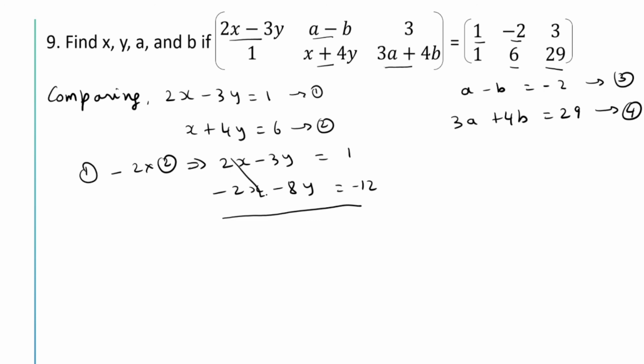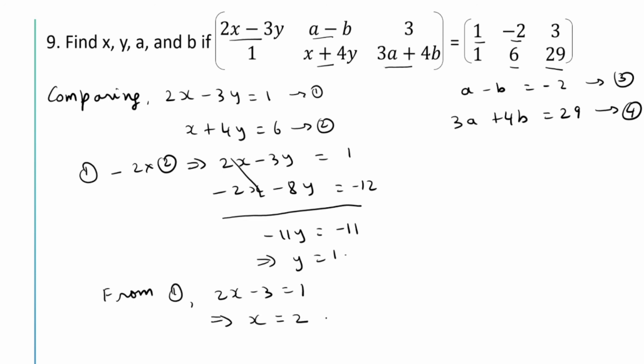So here we get minus 11y is equal to minus 11, or y is equal to 1. So substituting y is equal to 1 in the first equation, we get 2x minus 3 is equal to 1, or x is equal to 1 plus 3, 4 divided by 2, it is 2.